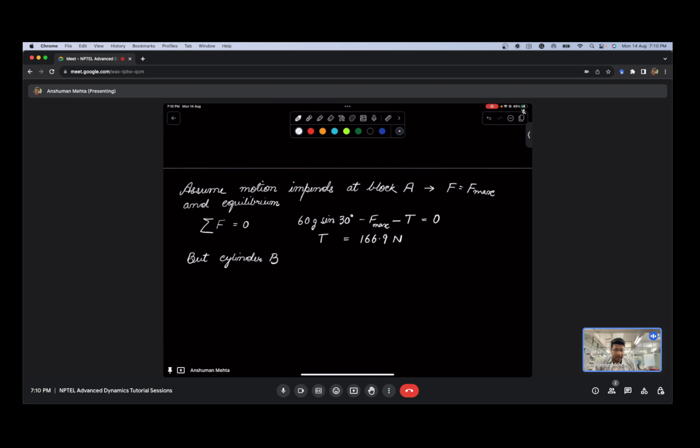But this cylinder B will not be in equilibrium, since 20 g minus 2T is less than 0, so it is moving up.